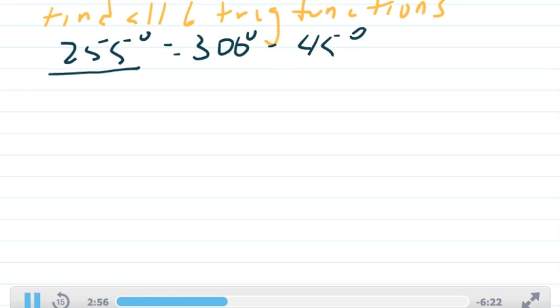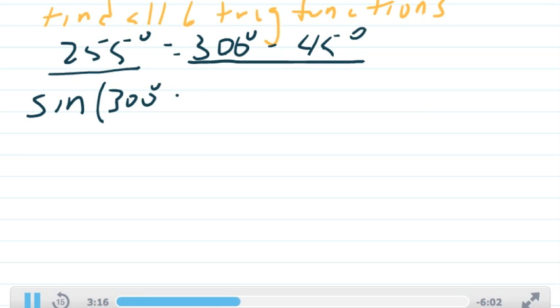Now, this is the angle that we want sine, cosine, tangent, and the other 3 functions for. The problem is just giving us that 255 is equal to 300 minus 45. So this is what we're going to plug into the sum and difference formula. So we're going to do sine of 300 degrees minus 45 degrees. That's what we're actually going to calculate.